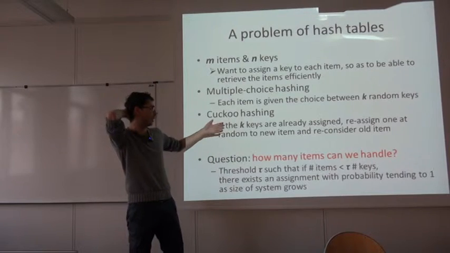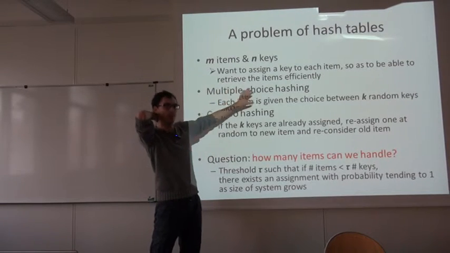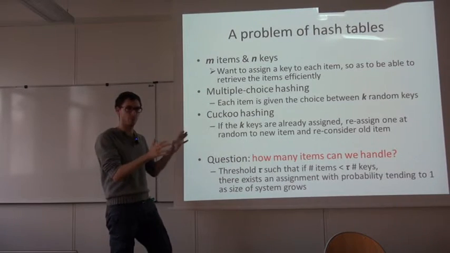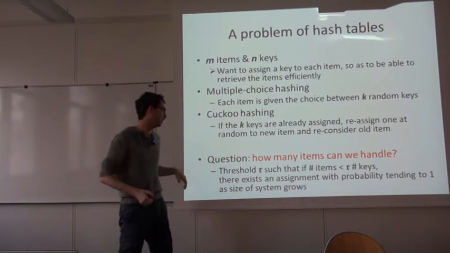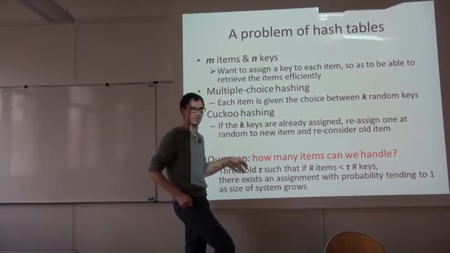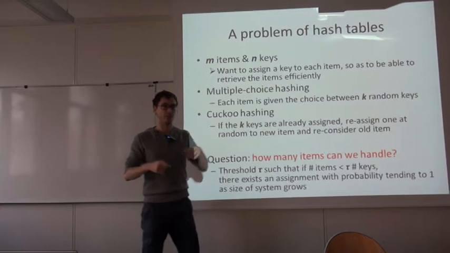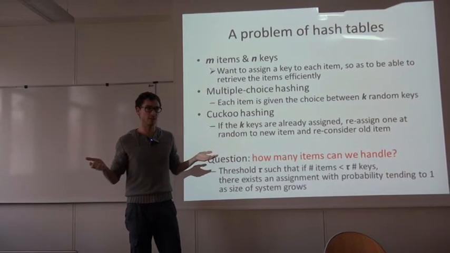So if you do that iteratively, you can always manage to build a hash table, provided it's possible with the choices that you had. And the question in such a system is basically to know how many items you can handle if you have a certain number of keys.